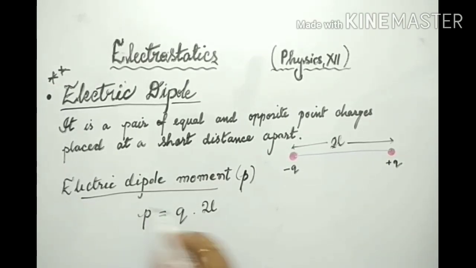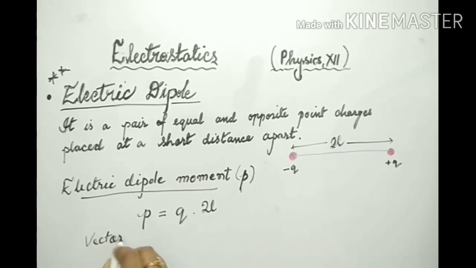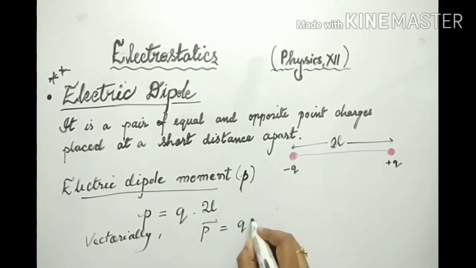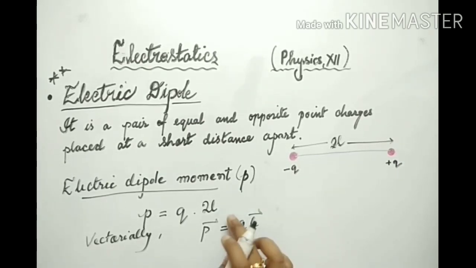Now electric dipole moment is actually a vector quantity. So vectorially we can represent p vector as q into 2L vector. We can keep the 2 here also. In this way we can represent this vector.